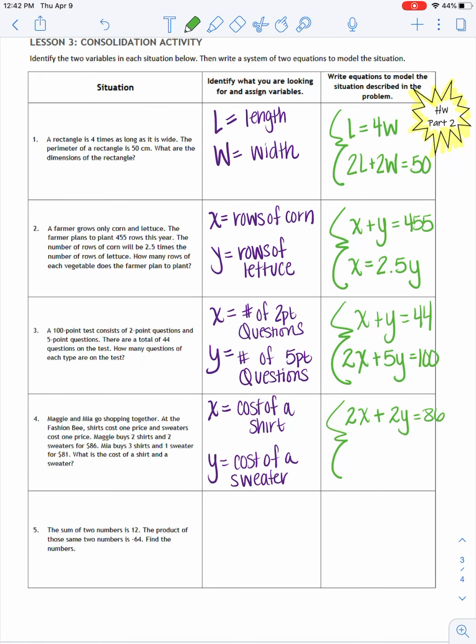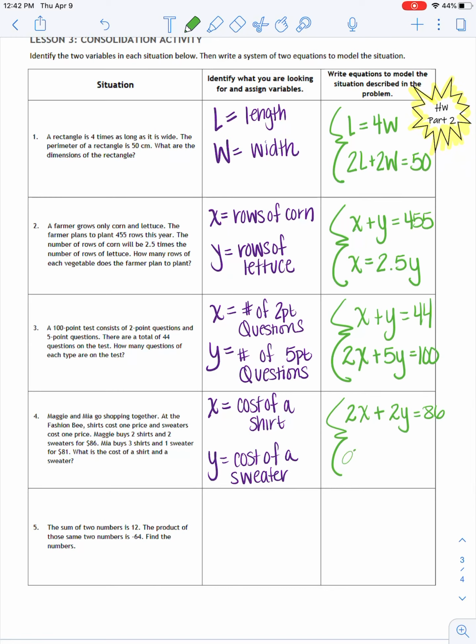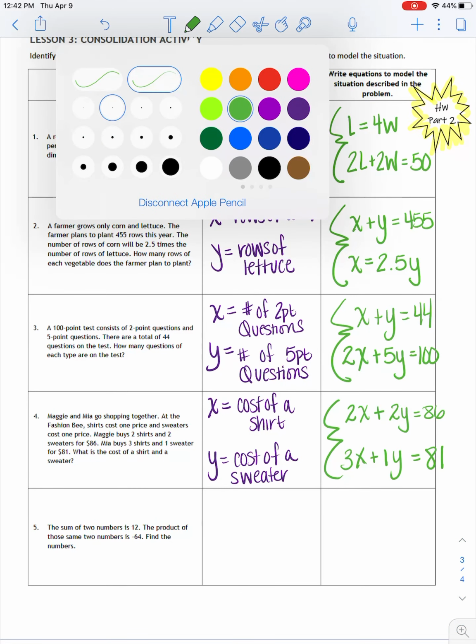Now Mia buys 3 shirts, so I'm going to take 3 times the cost of the shirt, and then I'm going to add 1 times Y, which is 1 times the cost of a sweater. And that should equal the $81 that she spent. And there you have it. There's your system.